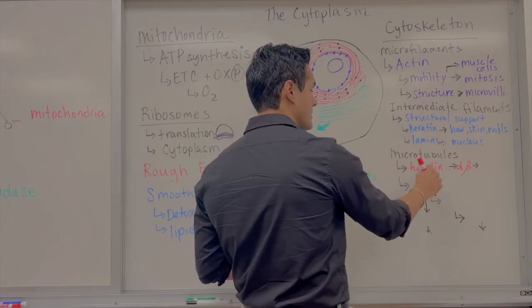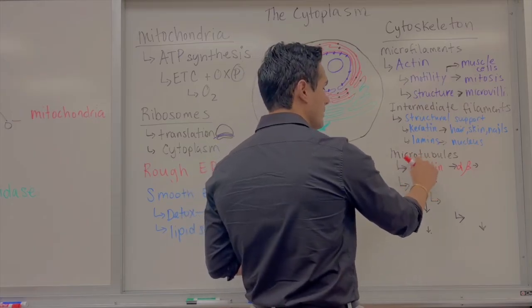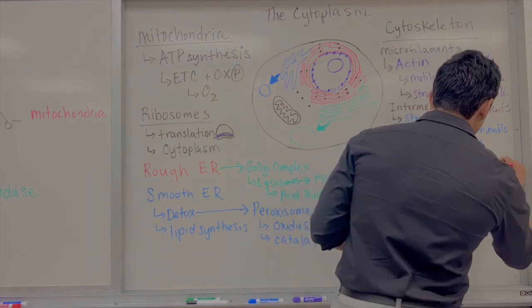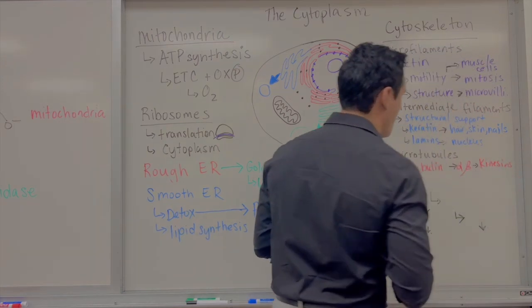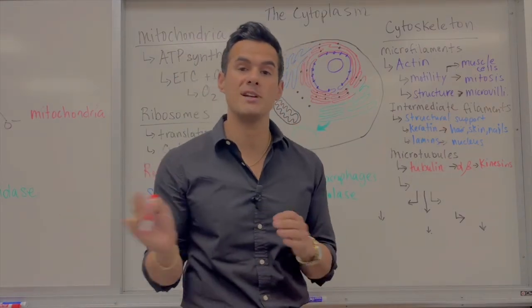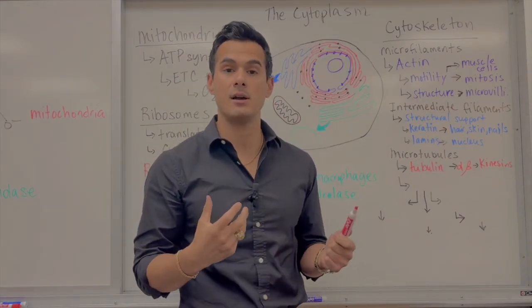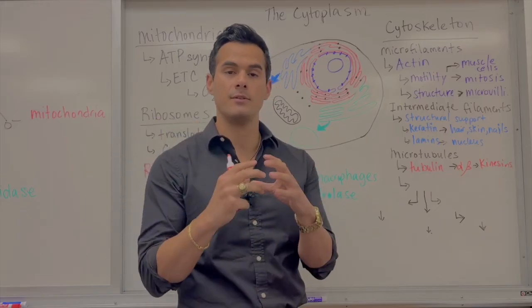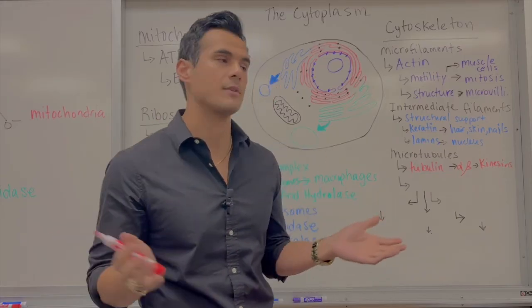And then these microtubules contain what's known as kinesin proteins. Kinesins are motor proteins that are responsible for transporting substances within the cell. These kinesins will travel along these microtubules with a vesicle that contains one of the components of the cell.